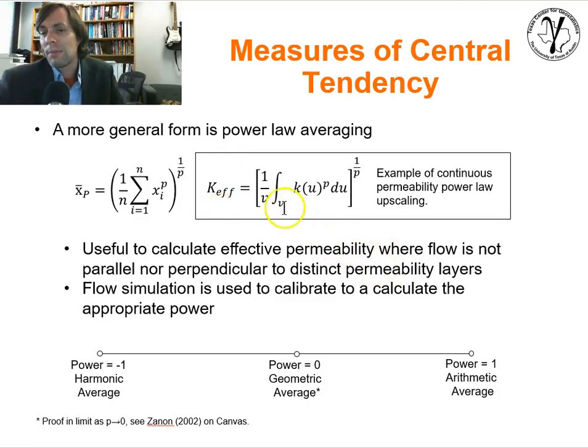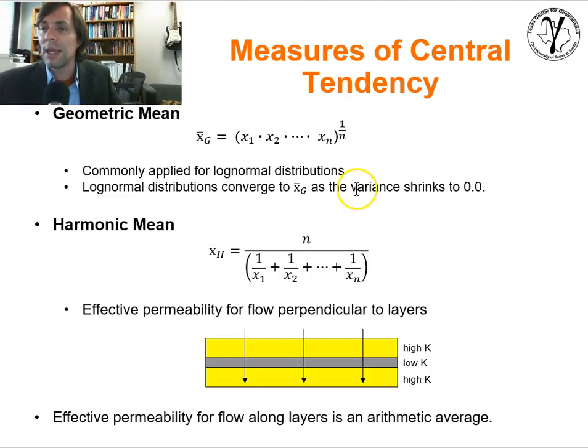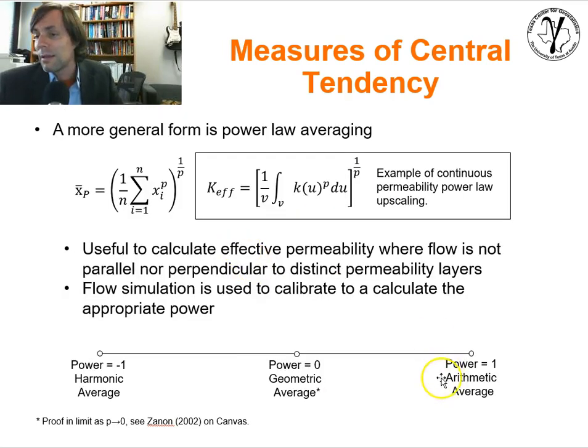What's very powerful about this is that, as we mentioned before, if we use the harmonic average, that's actually what we'd expect if we flow across the layers. If you take a power of -1 and substitute it for P, you can see immediately that you get this equation back. The arithmetic average is for if you're flowing along the beds, concerned with effective permeability along them.